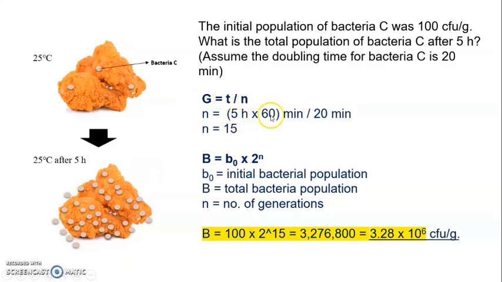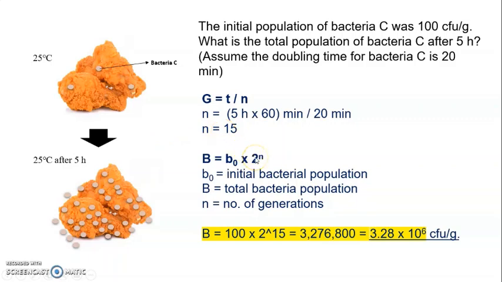Make sure you convert everything into the same unit. In this case, it's minutes. So this is the time: 5 hours times 60 minutes, because 1 hour equals 60 minutes. Then you divide it by 20, and you get 15 generations. So basically, the bacteria have generated 15 times.